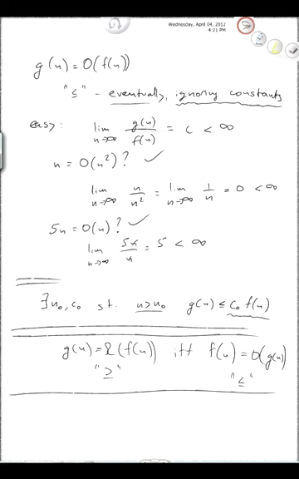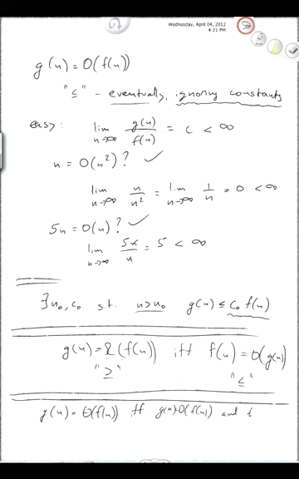And of course, you can say something that's basically the equivalent of equal to, which is g of n is theta of f of n. So this means that the two functions grow exactly the same, and that's true if and only if both g of n is big O of f of n and f of n is big O of g of n.